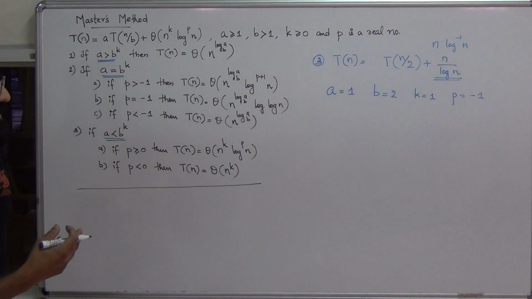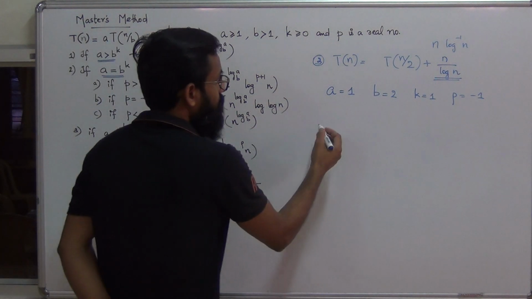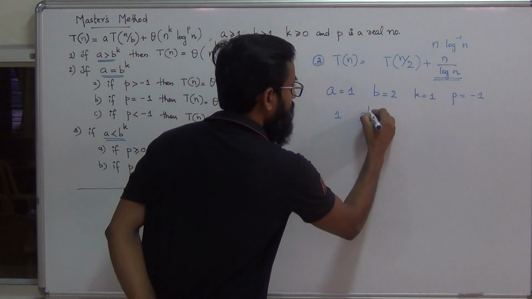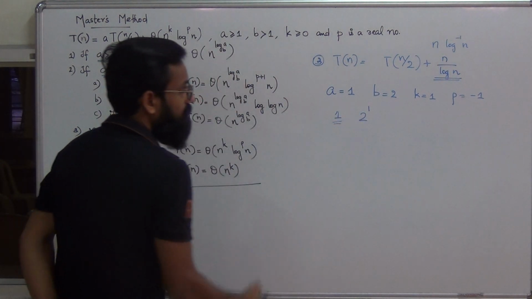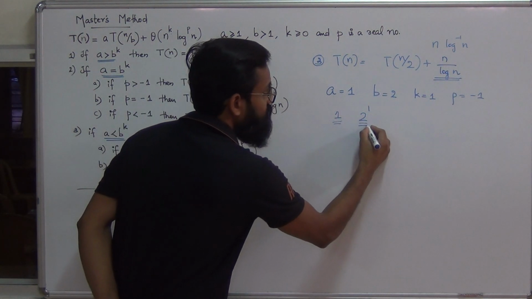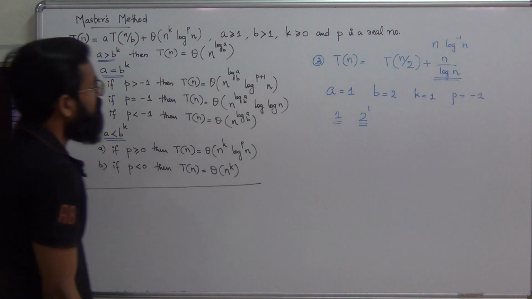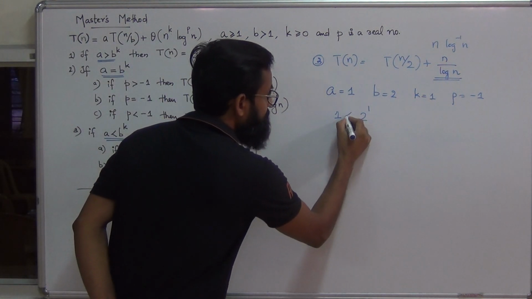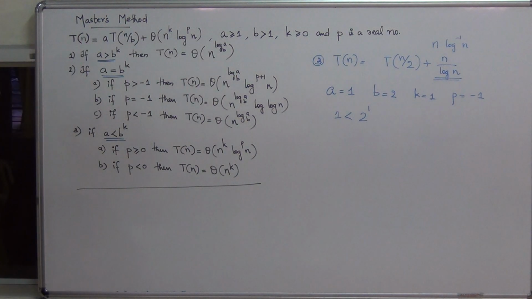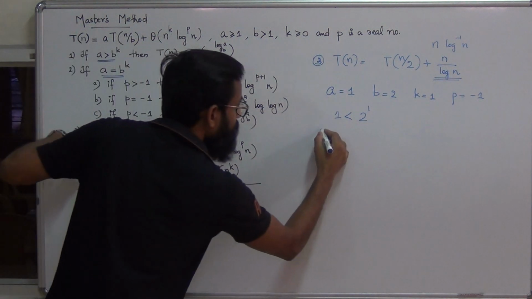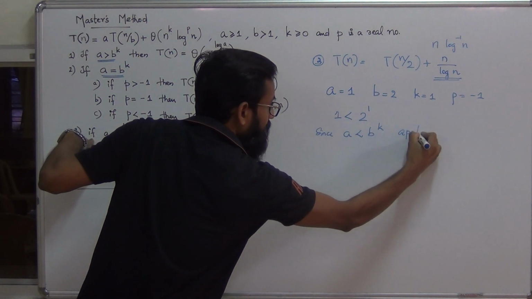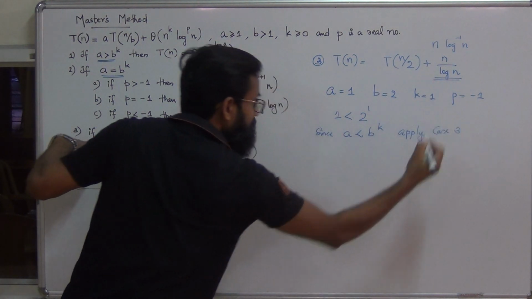So we have identified a, b, k and p. Now you have to compare a and b^k. So a is 1, b is 2 and k is equal to 1. If you compare this, it is clear that a is less than b^k, that is 1 is less than 2. Since a is less than b^k, apply case 3.